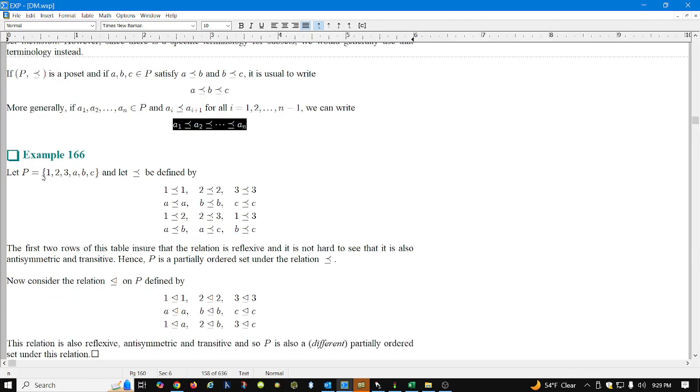So here's an example. P is the set 1, 2, 3, A, B, C, and the relation here is defined this way. I've forgotten where I got this. I probably made it up.